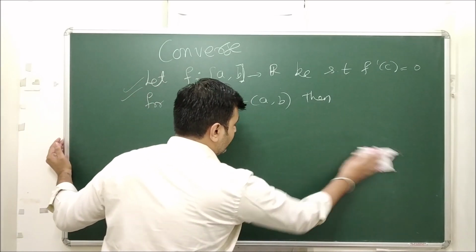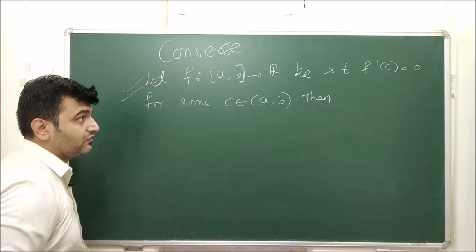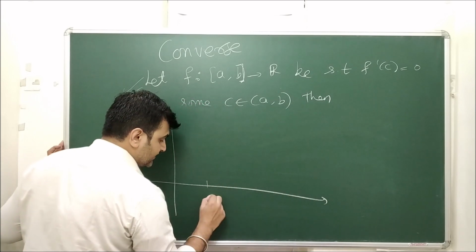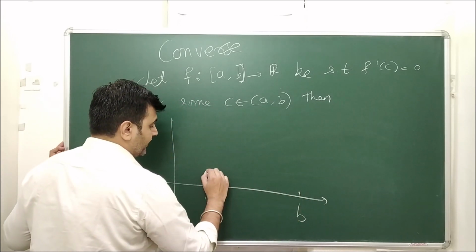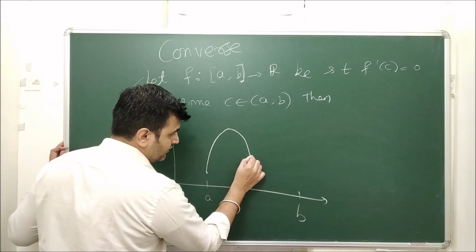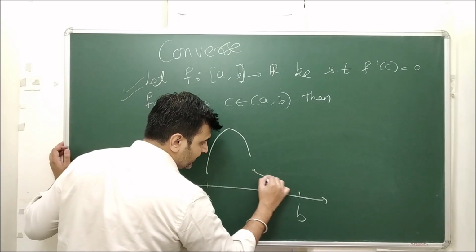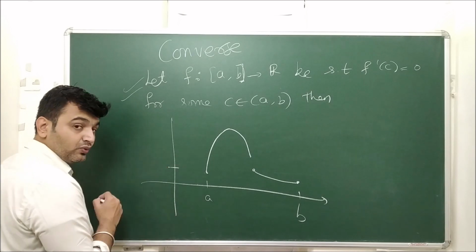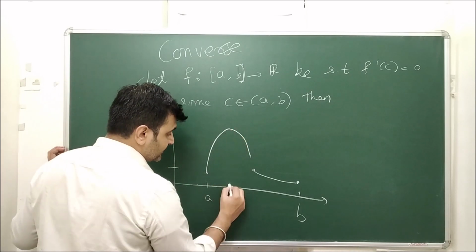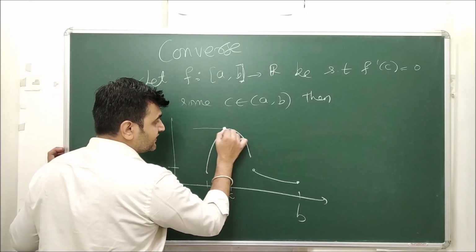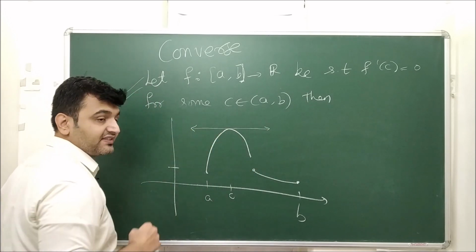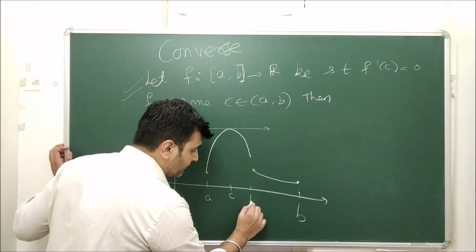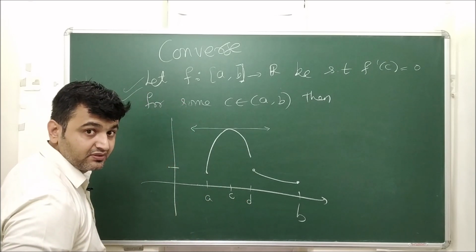It may happen that the derivative at some point is 0, but the function is not continuous. So suppose I take this a to b, and let me draw like this, and from here I have like this. As you can see, my f of a is equal to f of b, and there exists a point C where the derivative is 0 as the tangent line is parallel to the x-axis, but there is a jump over here. So you can see at the point D the function is not continuous.